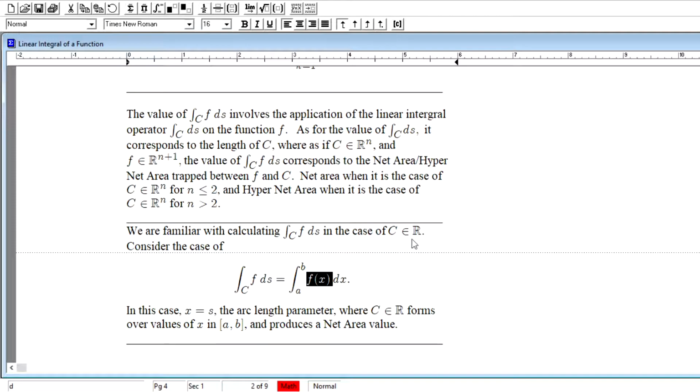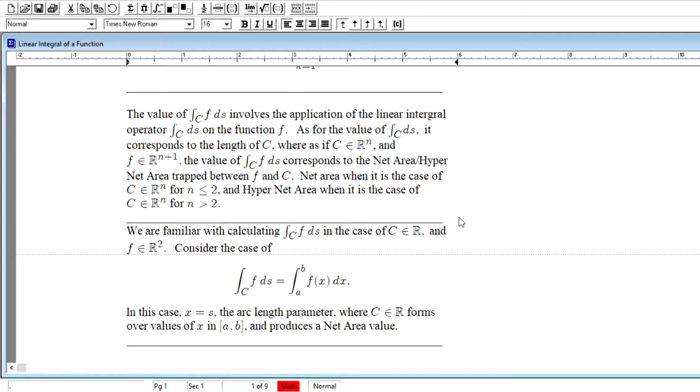In the case of C contained in one dimension, and f contained in 2 dimensions, we would have this scenario for the linear integral operator given by this single integral calculation that we're familiar with from Calculus 1.